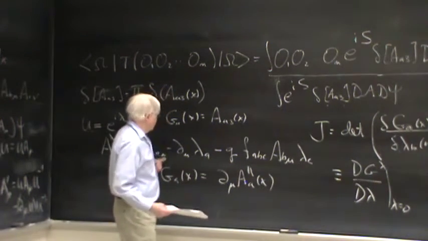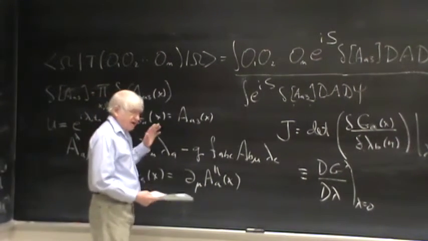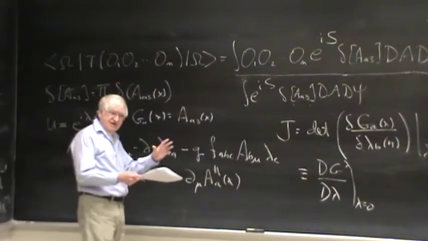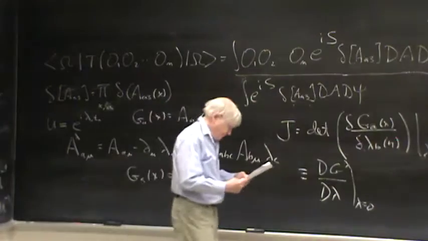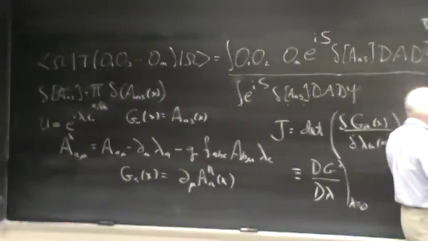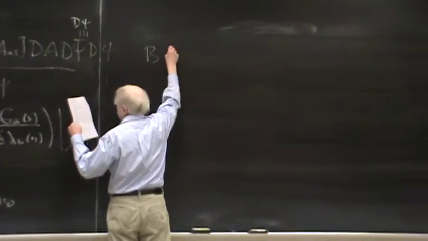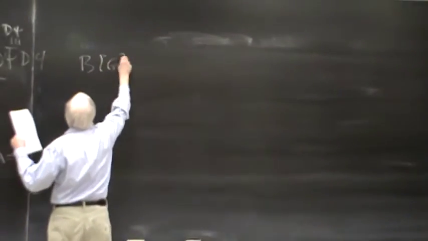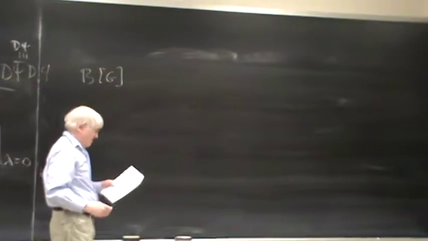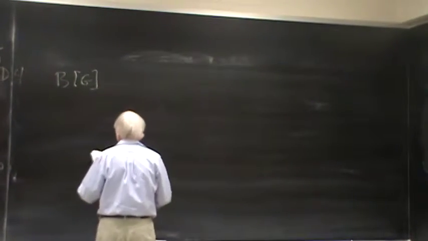So G is the gauge fixing condition, and we're going to be thinking of many different gauge fixing conditions. And B of G is the delta function that enforces this condition.